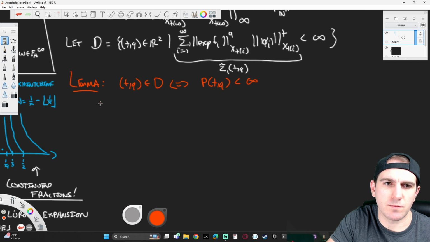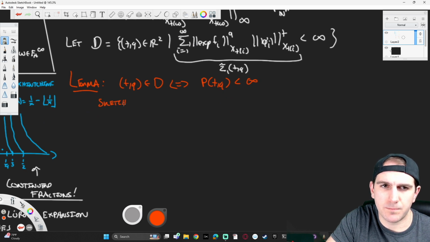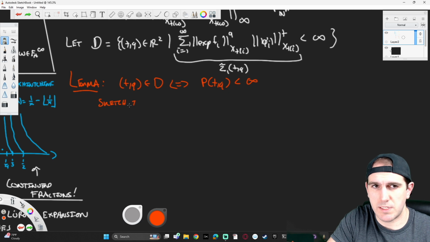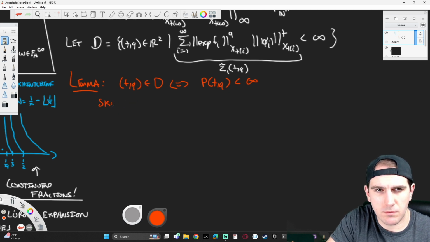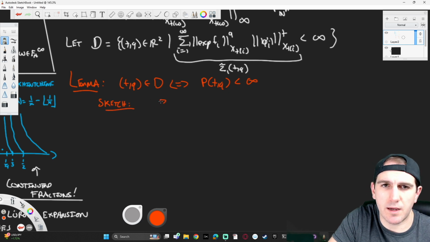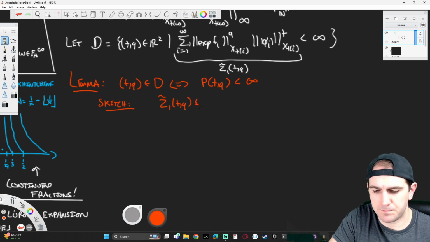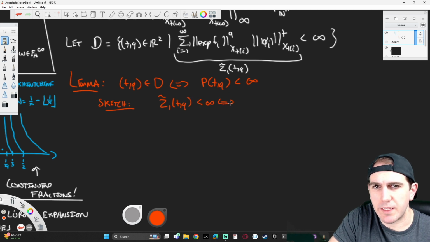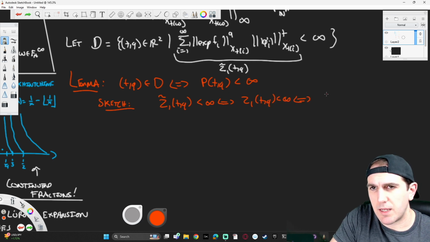So we show that. The sketch is that you show that Z1 of TQ is less than infinity if and only if the partition-like function of TQ is less than infinity, which is if and only if the pressure is less than infinity.